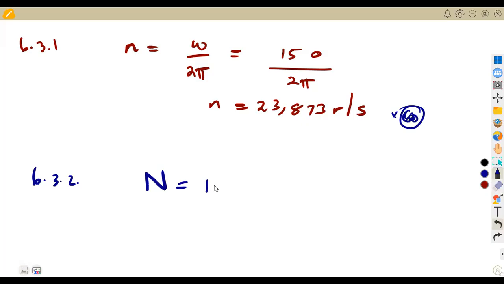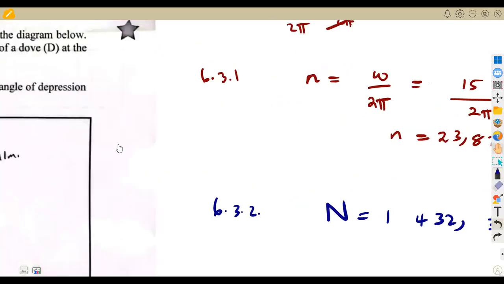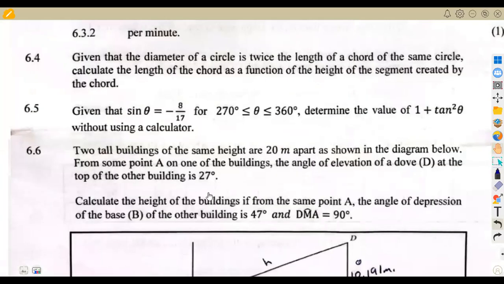So that was going to give you 1,432.38 revolutions per minute. These are the revolutions that are going to be made each minute, okay? Let's see the other part.